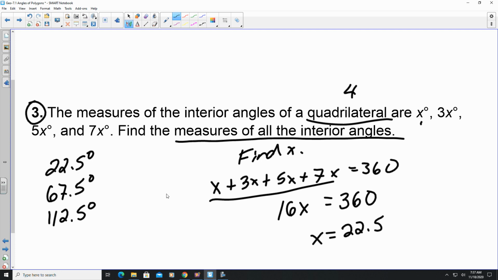And finally, 7 times 22.5 will give me 157.5 degrees. You can check your answers. If you add up all 4 of these angles, you should get a sum of 360 degrees, and you do.